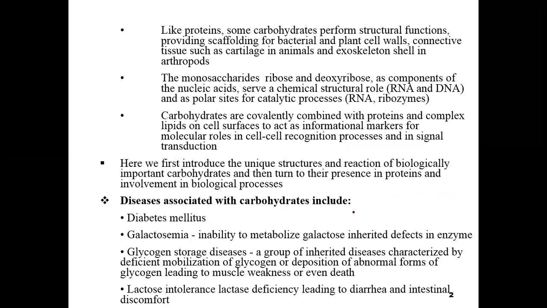There are some diseases associated with carbohydrates, like diabetes mellitus, which may be because of storage issues of carbohydrates. Galactosemia is the inability to metabolize galactose, due to an inherited defect in the enzymes. Glycogen storage disease is a group of inherited diseases characterized by deficient mobilization of glycogen.